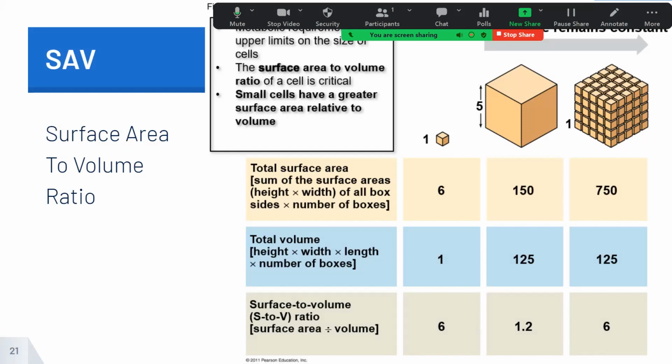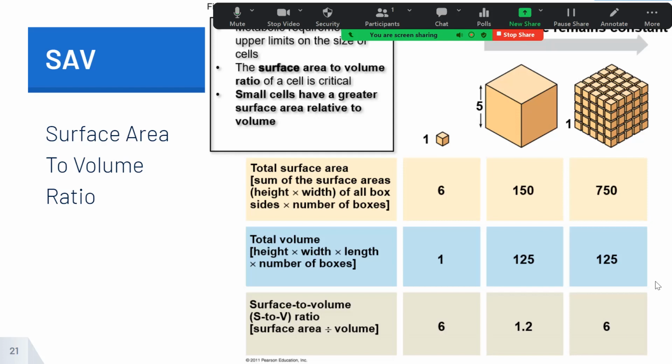If you have a large surface area to volume ratio, then you're going to be able to get nutrients into the cell. As a cell gets bigger and bigger, that surface area to volume ratio decreases, and it's harder to get the nutrients all the way through into the cell.